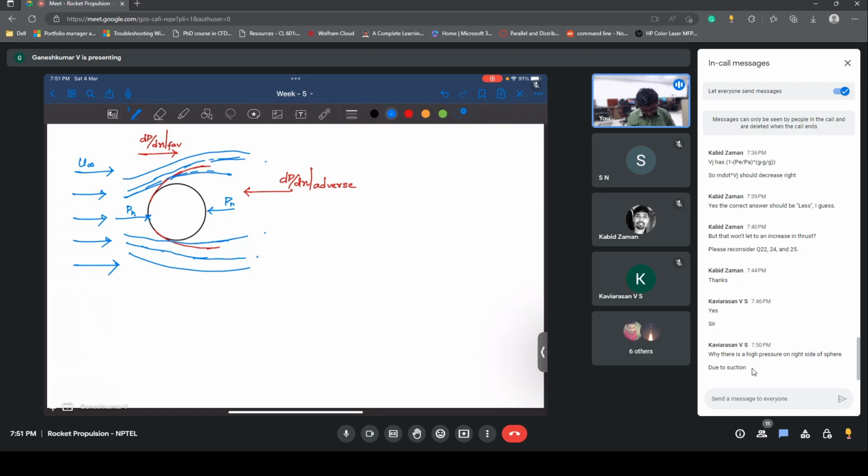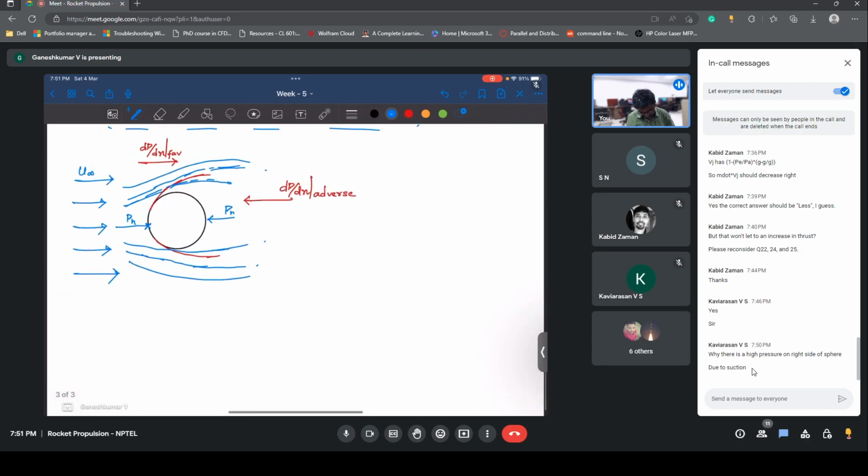Similarly, here also there's going to be an adverse pressure gradient due to the change in the geometry. So basically, if you have a geometry like a flat plate, there's not going to be any adverse pressure gradient, right? So let's say a flow is happening like this.